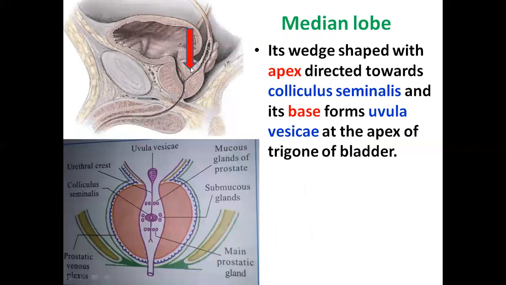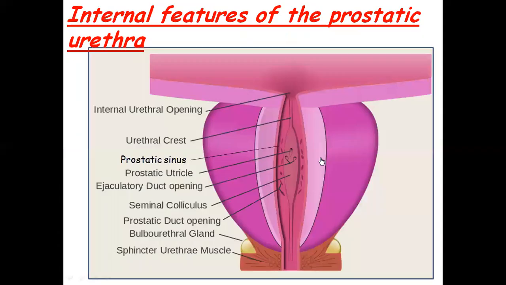Now coming to the median lobe, it is wedge-shaped with its apex directed towards the colliculus seminalis, and its base forms the uvula vesicae at the apex of the trigone of the urinary bladder. You will understand this word once the urinary bladder is done.